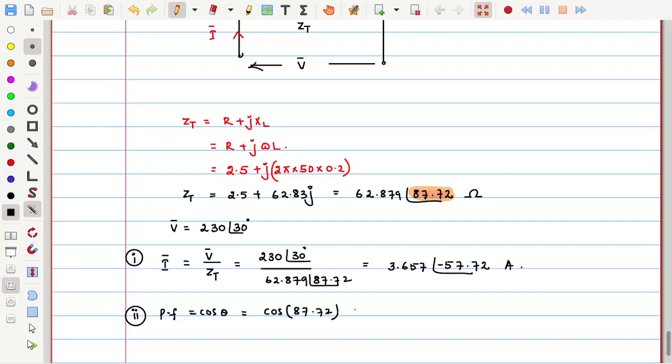So cos of 87.72 is equal to 0.0397 lagging. Why? Because it is an inductive circuit. So I am taking this as lagging. In this way you can evaluate the current and power factor.